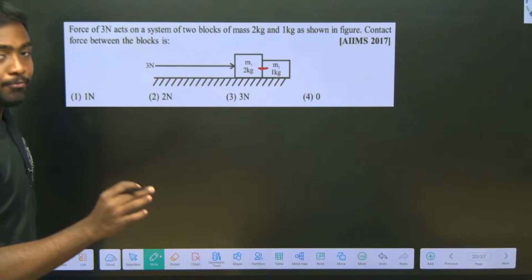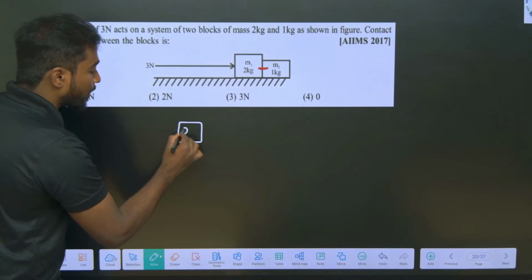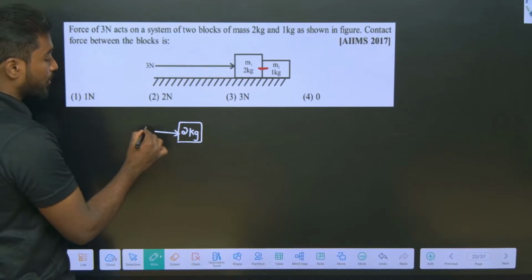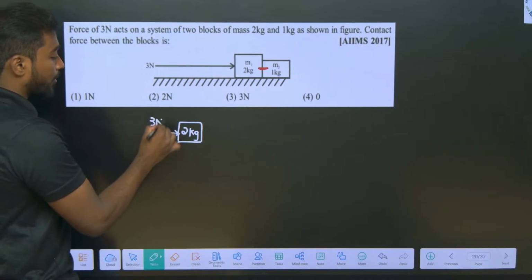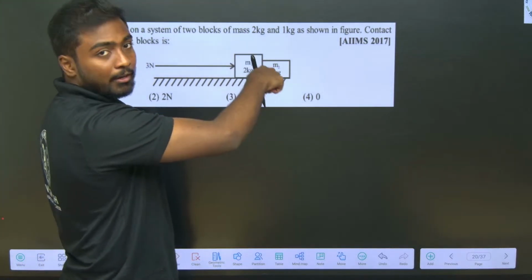First thing I will write the free body diagram here. For the first one, the mass is 2 kg. So force is applied like this, right? So this is 3 Newton, and then opposing force, that is normal force is there, that's a contact force.